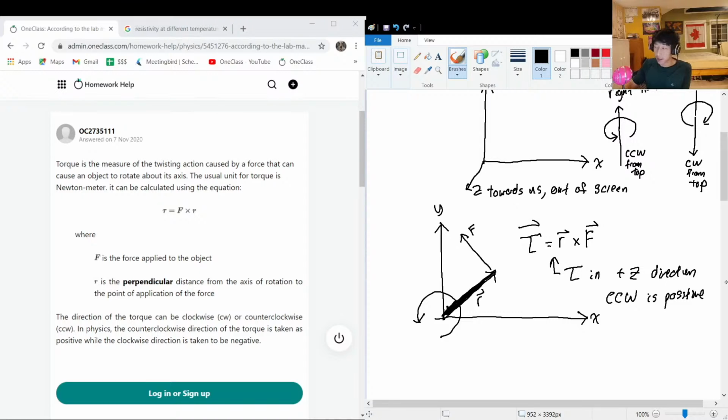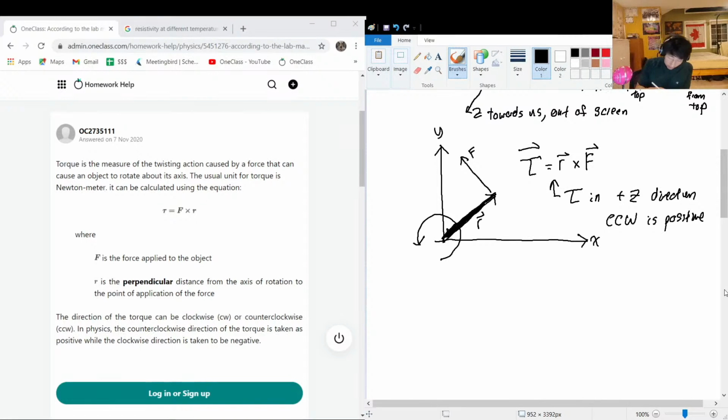Okay, and if we had another example where we are going the other direction, so maybe if we draw another thing like this, our y direction here, our x, and let's say that this is our r, and we're sending a force this way. So now we're going in a clockwise direction. Following the right hand rule, the clockwise direction is pointing our thumb into the page, negative z direction.